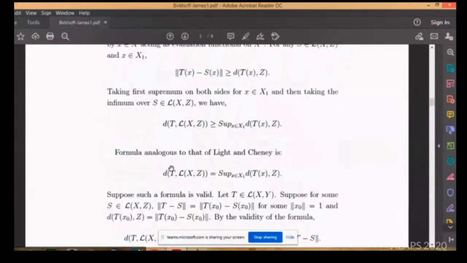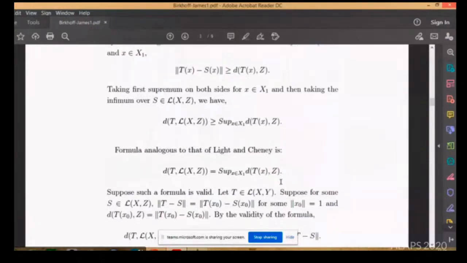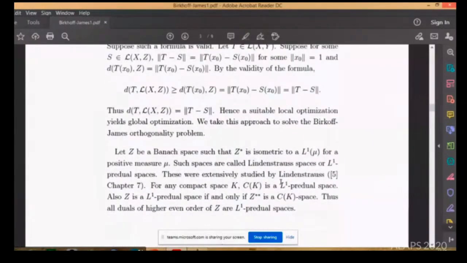So the analog of Light and Cheney can then be formulated in the context of operators on Banach spaces as to ask, when is this formula valid? When can you have equality in this inequality? When can you say the distance between T and the space of all operators is really looking pointwise at this thing?